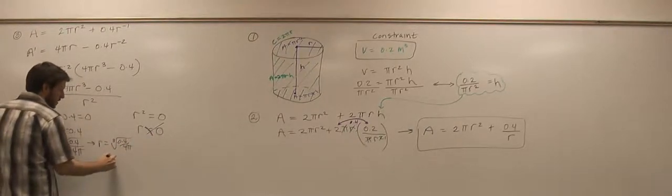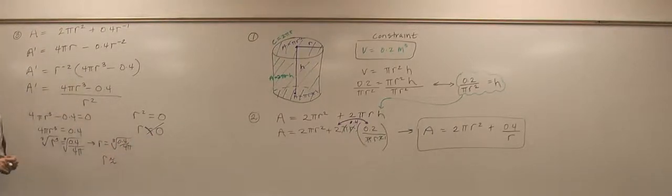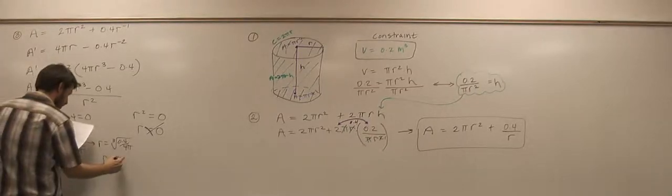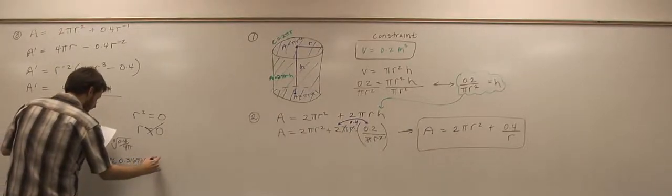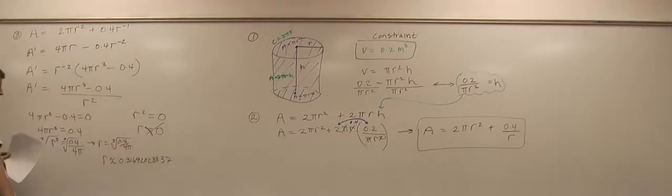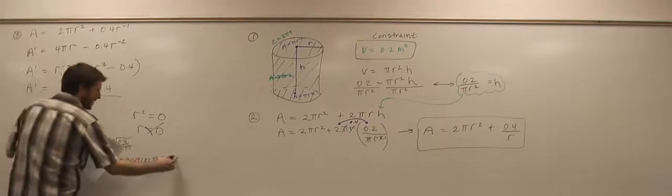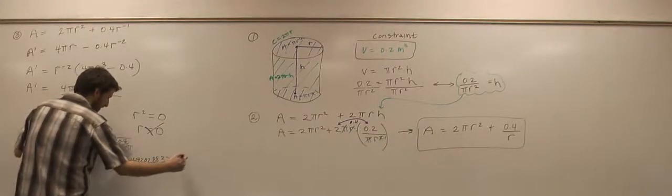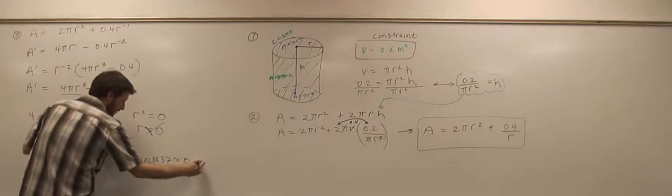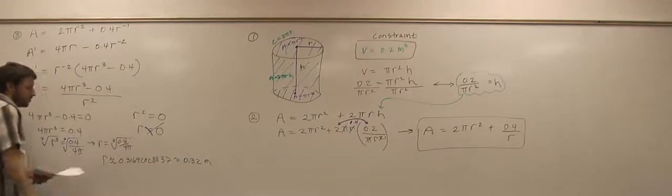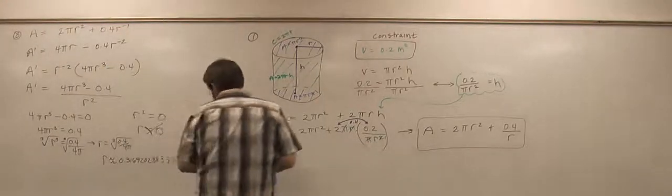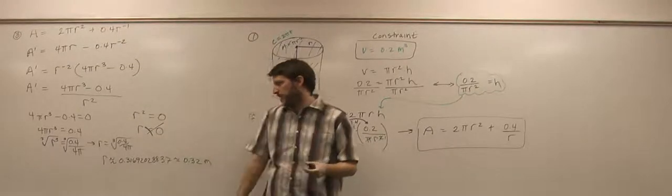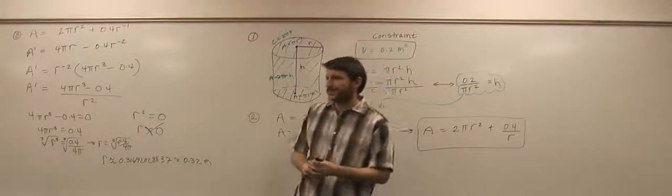So r is approximately equal to 0.316920288837. Or let's round it to 0.32. So you have to do 0.4 divided by 4 pi in your calculator and then take a cube root.